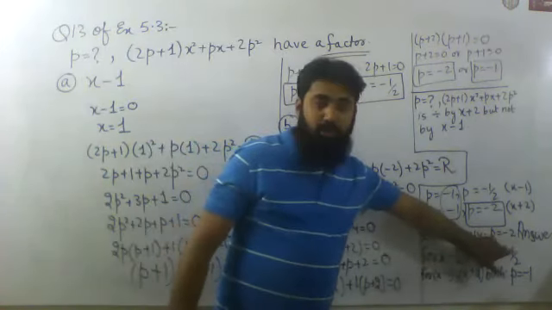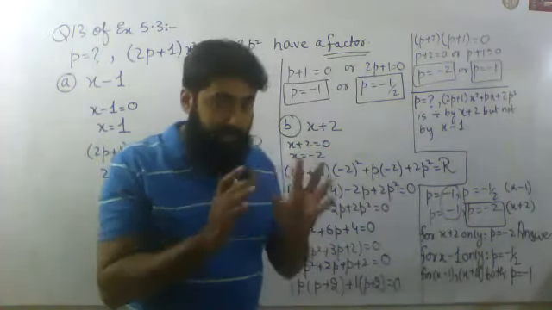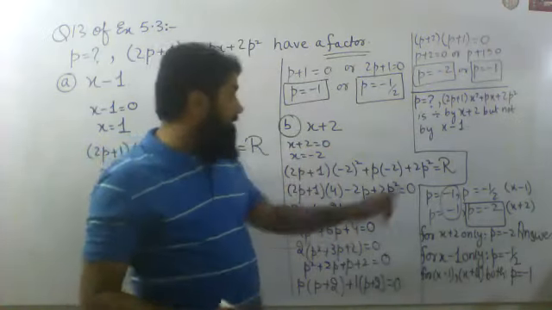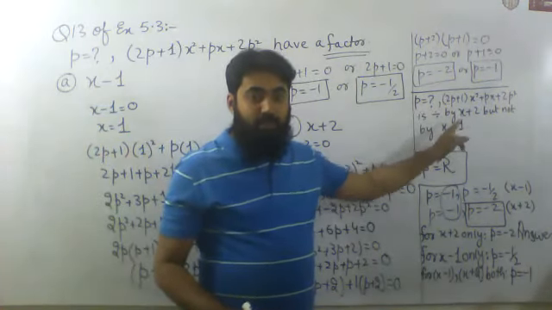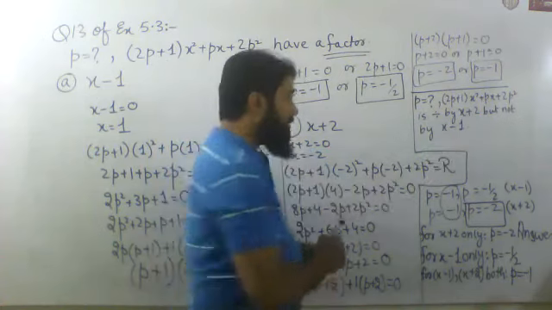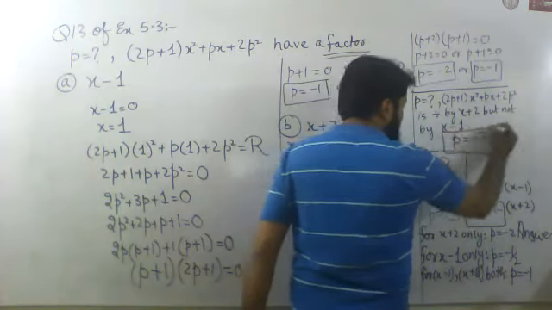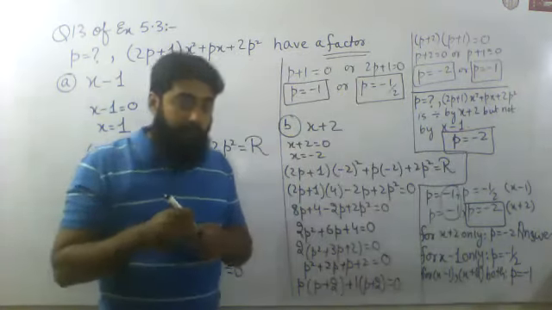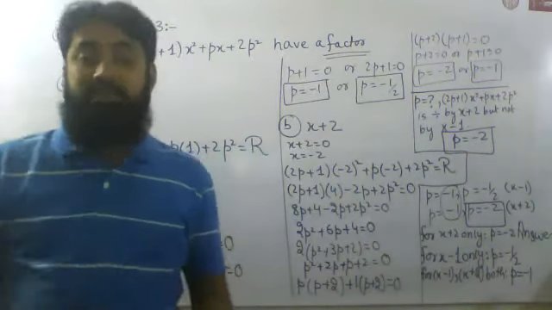Your answer will be only this one. You don't have to write all the three. Keep it in mind. According to the given situation, for what value of p it is divisible by x plus 2 but not by x minus 1, you will say p equals to minus 2. That's your final answer. But this thing I am giving you as an extra detail.